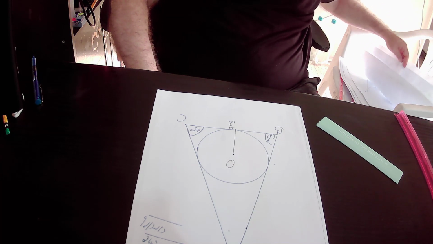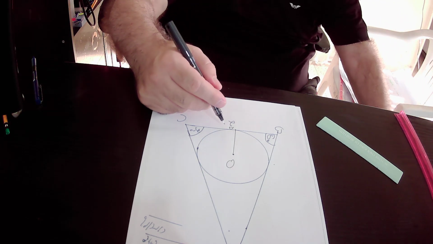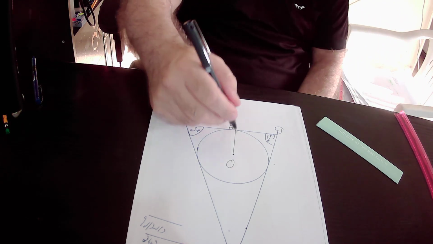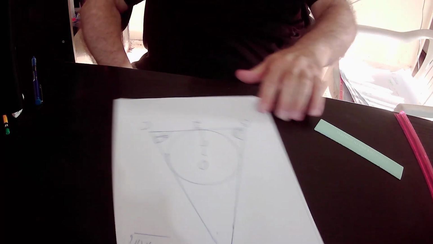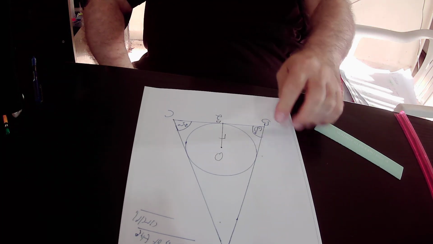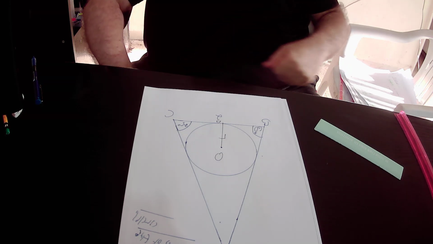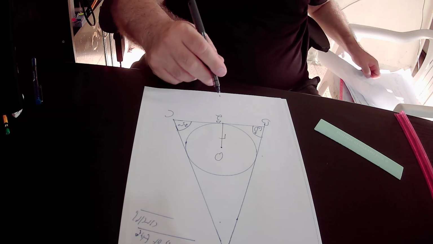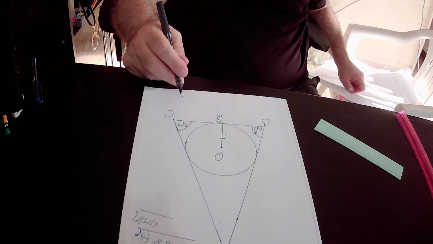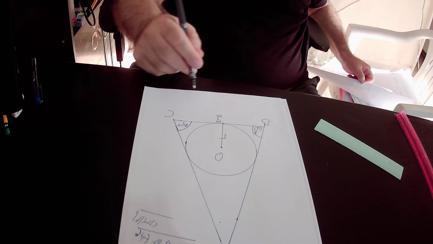Therefore, OD is the radius of the circle, so we define the radius of the circle as R. So OD equals R. And we have the radius OD that is drawn to point D, that is the point of tangency of tangent BC with this circle. And whenever you have a radius that is drawn to the point of tangency, then tangent BC will be perpendicular to the radius DO.